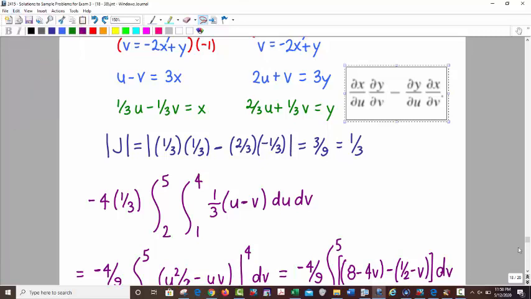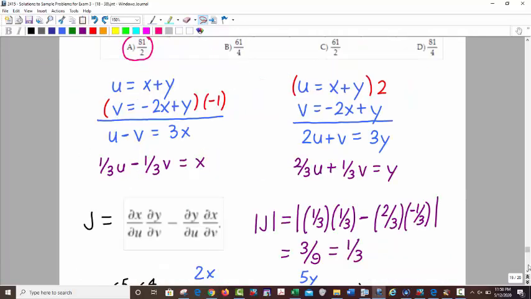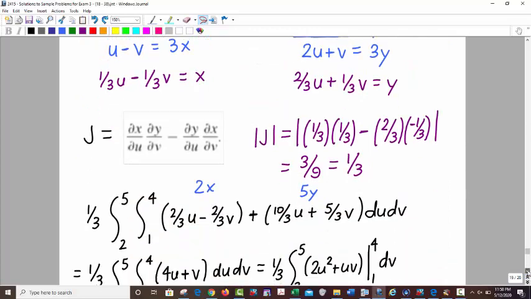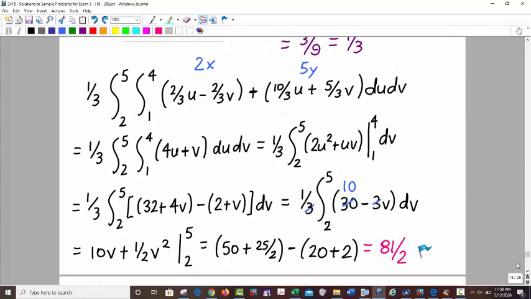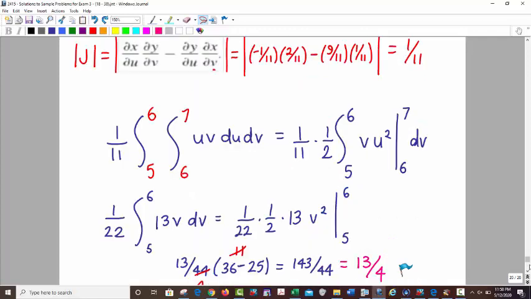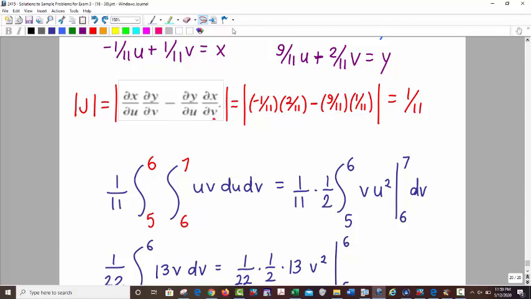Haven't tried to commit that to memory yet. It's not too difficult, obviously, but I haven't done it, so don't want to mess it up. Oh, it's already right there. Excuse me. Here it is. I don't know what I was thinking about there.